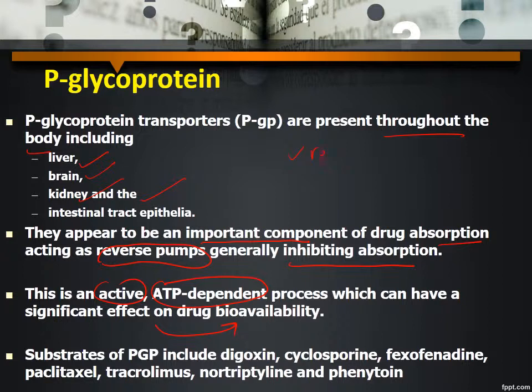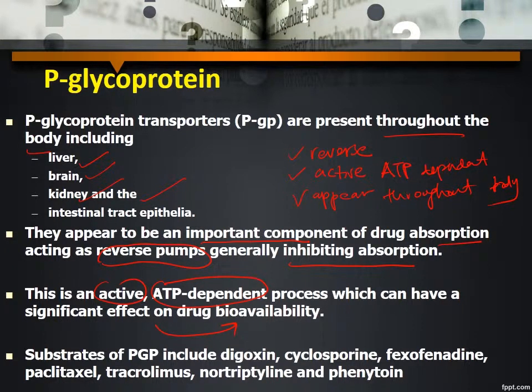They are reverse pumps that inhibit bioavailability, and they are active, which is ATP dependent, and they appear throughout the body.